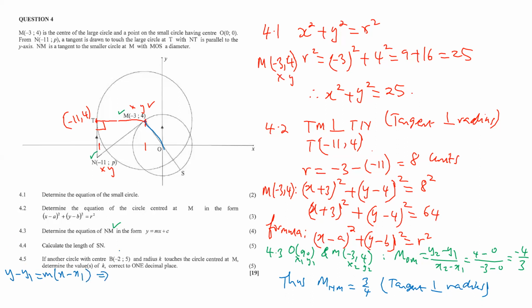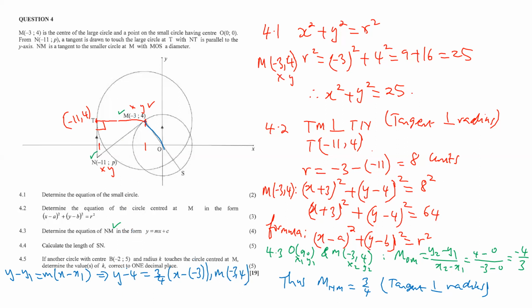Through the point M, you would have y minus 4, and the gradient is 3/4 into x minus minus 3, which has the coordinates minus 3, 4.